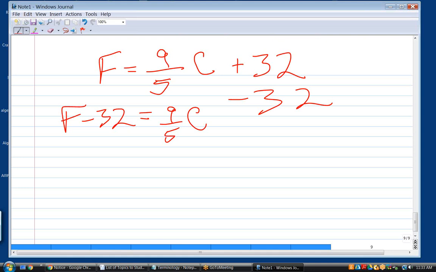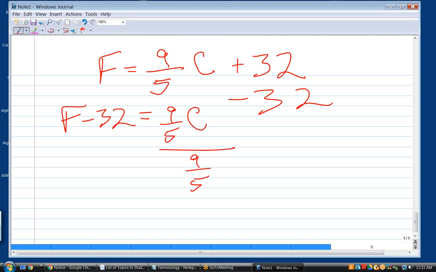Okay, now how do I isolate C? What's the trick? It's being multiplied by a fraction, right? So we'd have to divide. Well, okay, but that's the hard way to look at it. Remember, if I do that, now that becomes an issue, right? Yeah, it does.